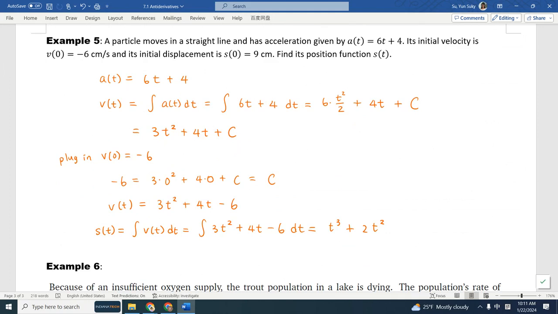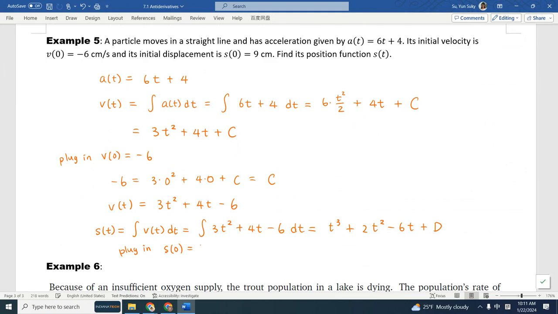And then minus 6t. After you finish, plus a constant. Because we already had c before, we want to use a different constant, so you can choose D or any other letter. So we plug in our initial displacement.